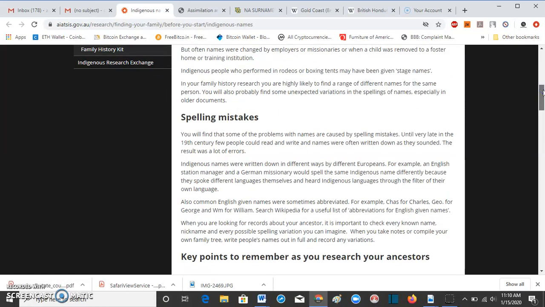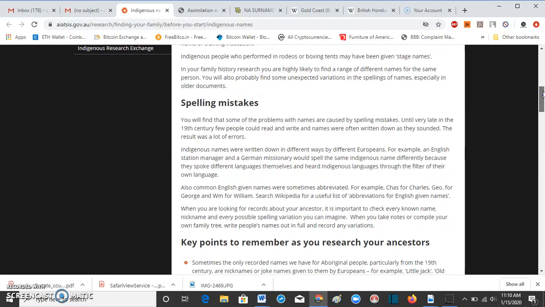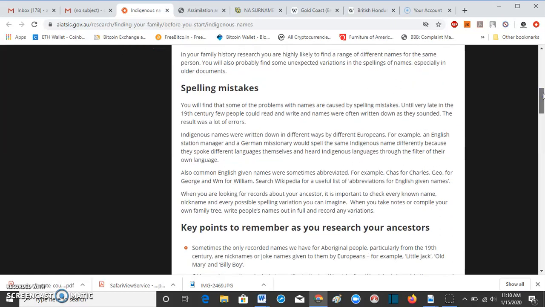Spelling mistakes. You will find that some of the problems with names are caused by spelling mistakes. Until very late in the 19th century, few people could read and write, and names were often written down as they sounded. So they went with sounds. The result was a lot of errors. Indigenous names were written down in different ways by different Europeans.